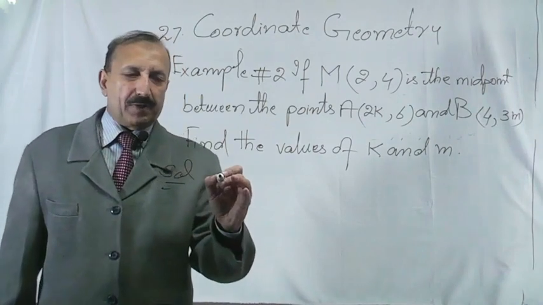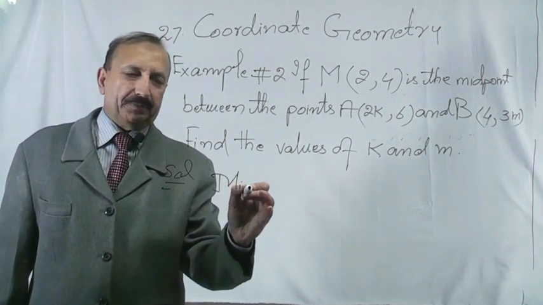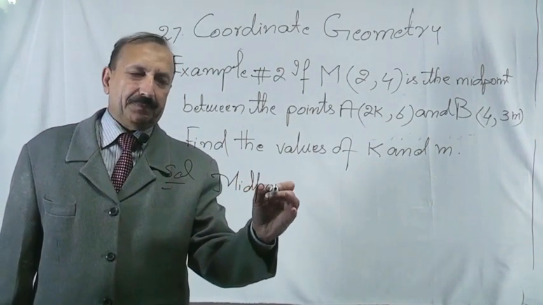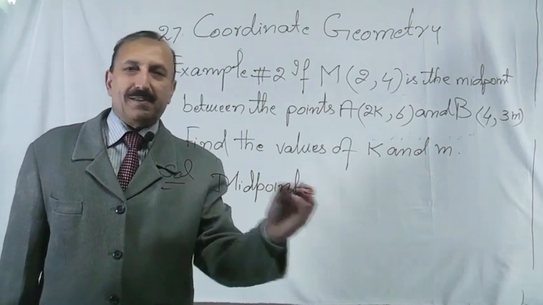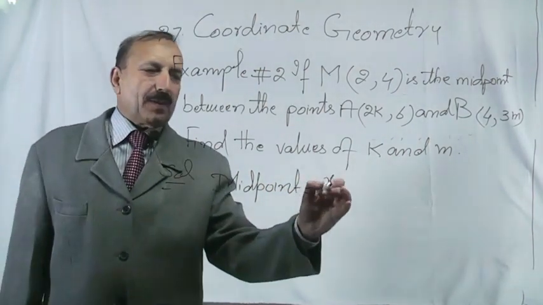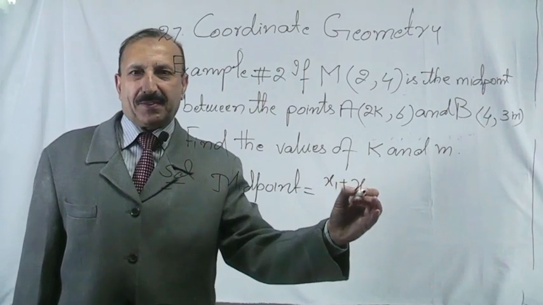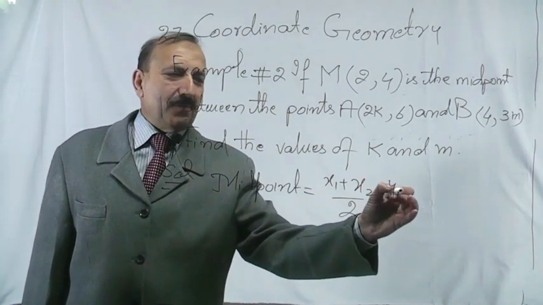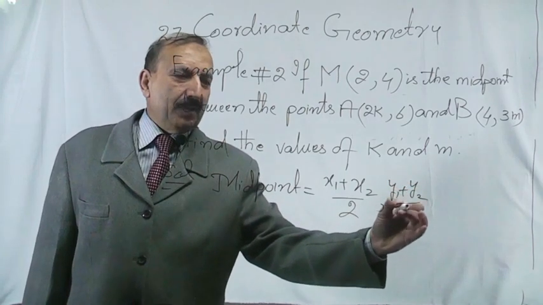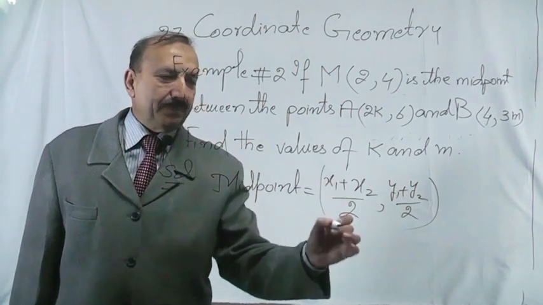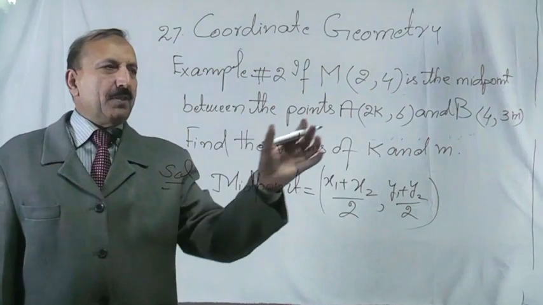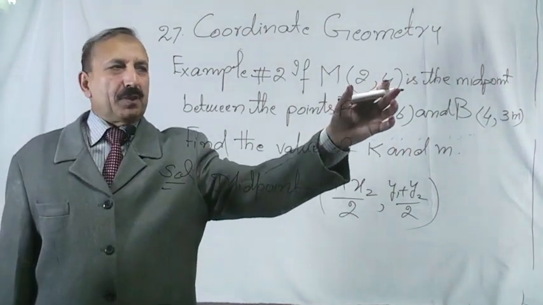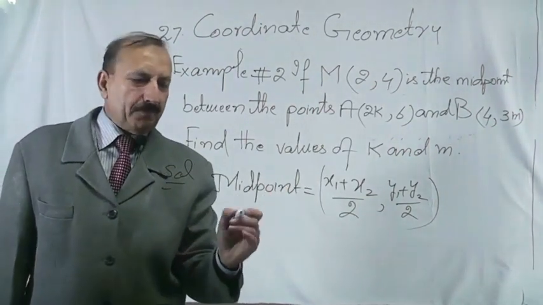We will write the formula first. Midpoint is equal to (x1 plus x2) divided by 2, and (y1 plus y2) divided by 2. We have the midpoint given. We will substitute this midpoint here.